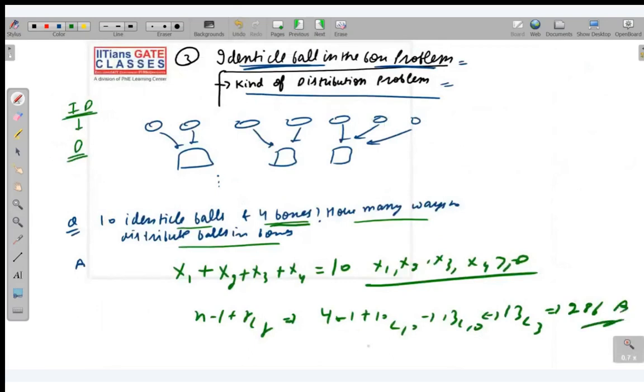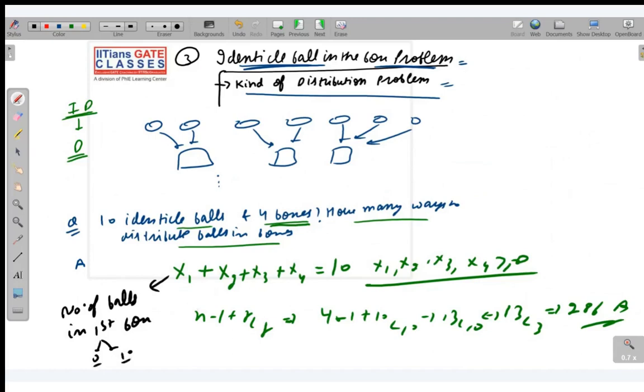So this is the basic scenario, you should know this. What is x1 telling? X1 is telling the number of balls in the first box, and there is no constraint on it. The minimum number of balls can be 0 and the maximum can be 10.